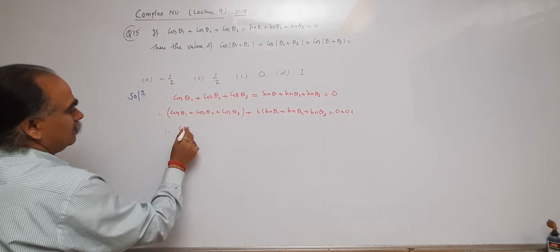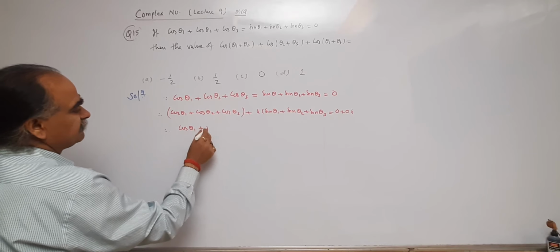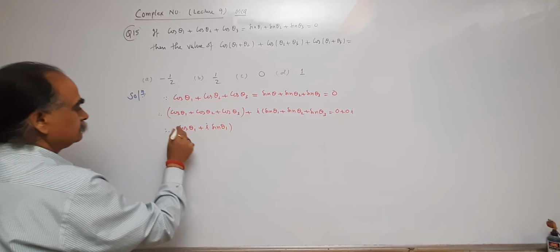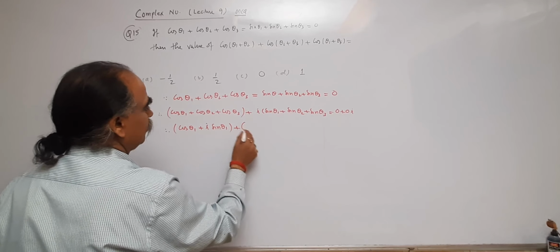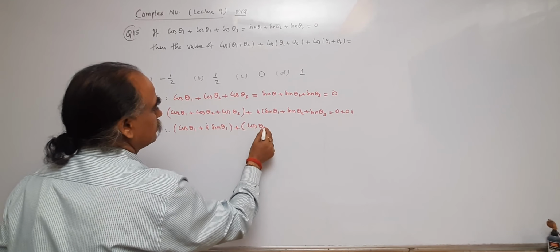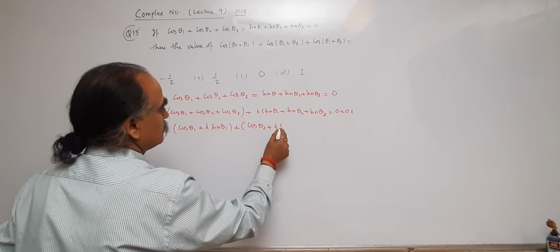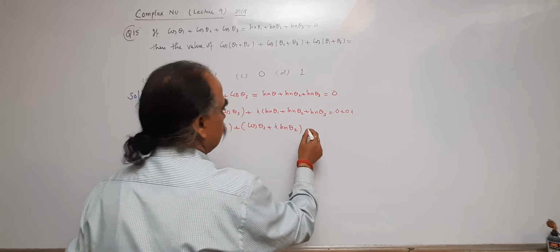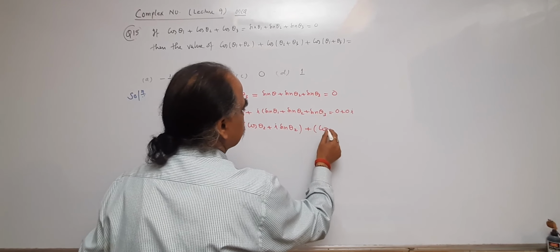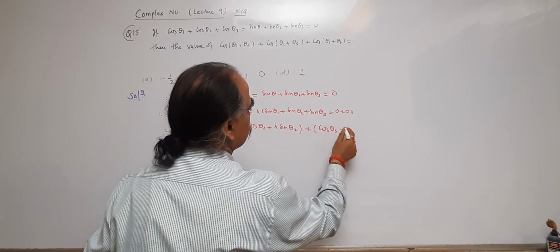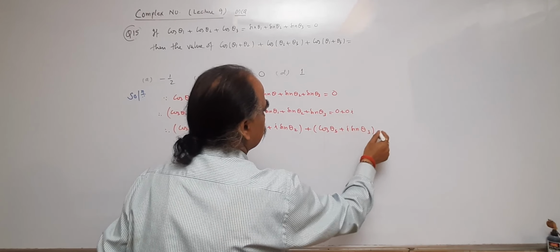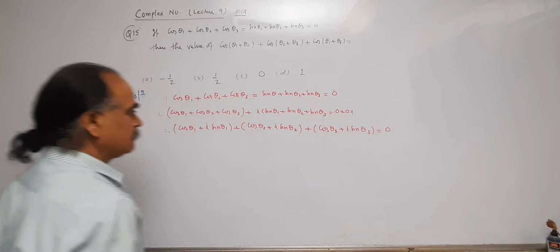Therefore, cos theta 1 plus i sin theta 1 plus cos theta 2 plus i sin theta 2 plus cos theta 3 plus i sin theta 3 will be 0.